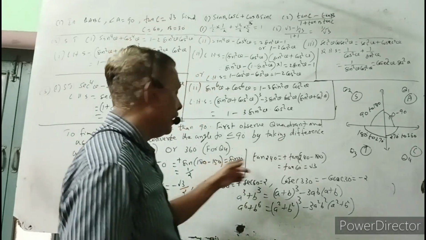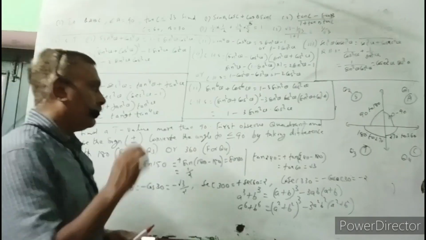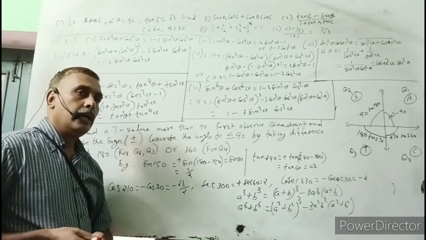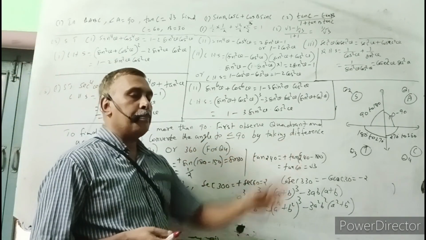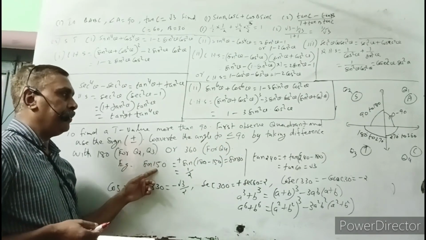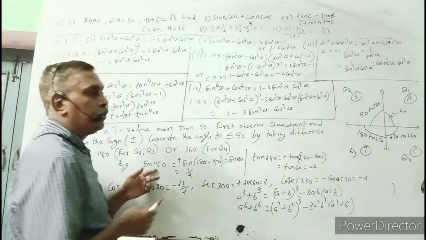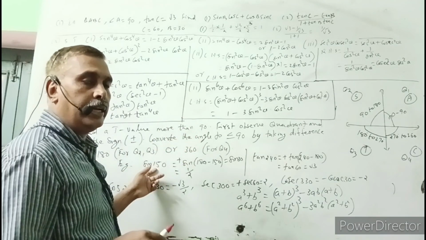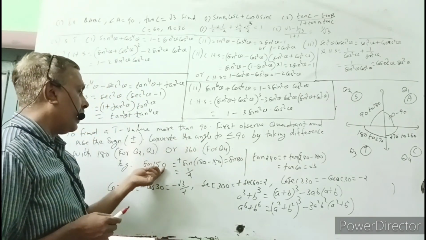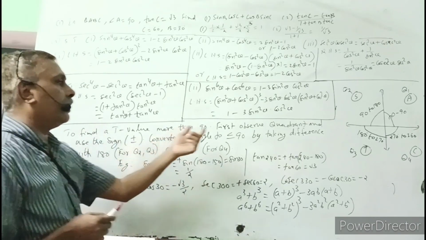Now how to get those numbers? The second thing is, after you identify the quadrant, you reduce that number to less than or equal to 90 degrees. Means 150 I will reduce to less than or equal to 90 degrees, so that we can use the 10th standard values. Very simple. You subtract, taking the difference.